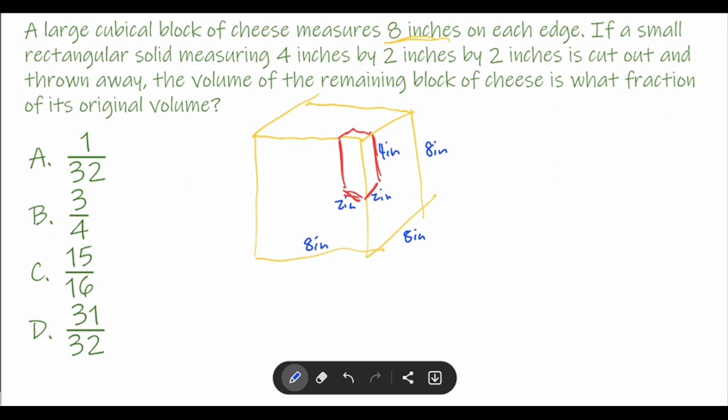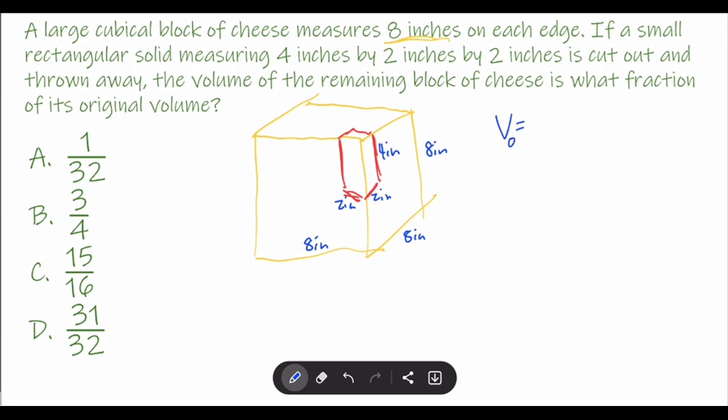It's not simply asking how much is left, but what fraction is left from the original volume. So the first question is, what is the volume of the original? We'll name it V sub O for the original volume.